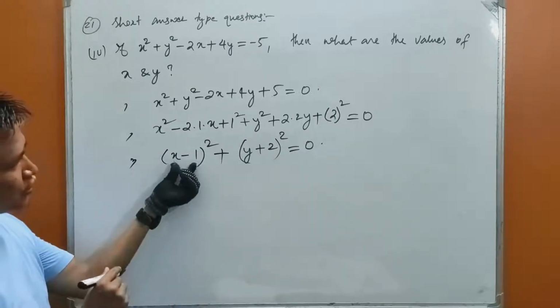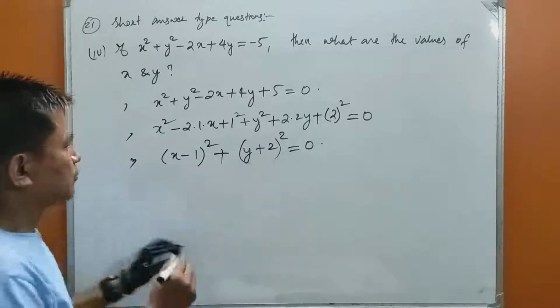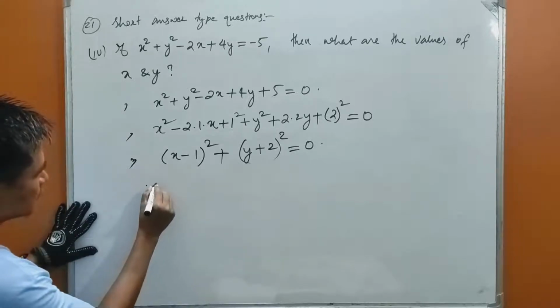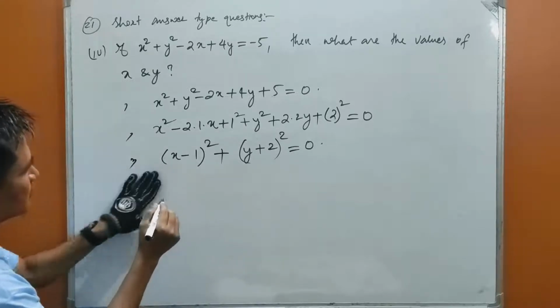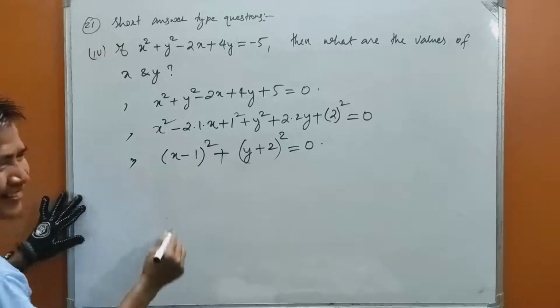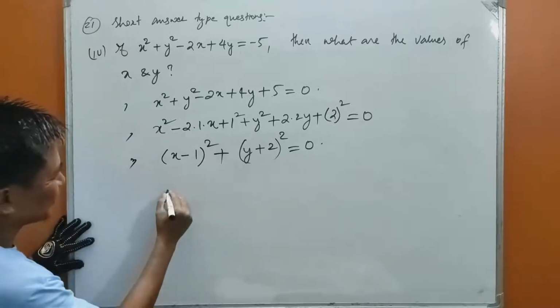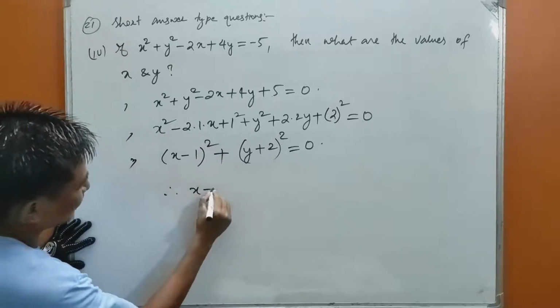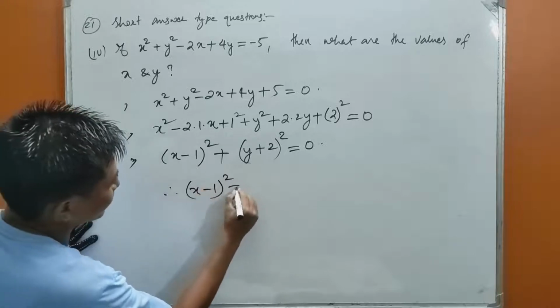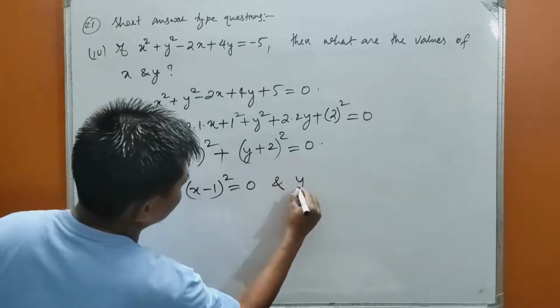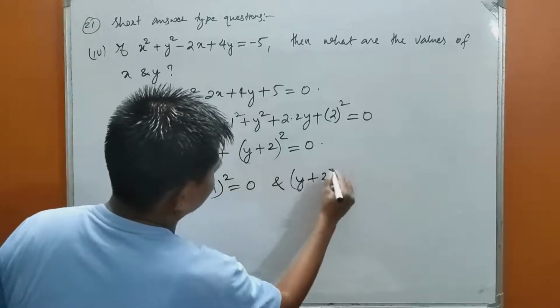So here sum of squares is equal to 0. I hope you got this in previous sum. So therefore x minus 1 square equal to 0 and y plus 2 square equal to 0.